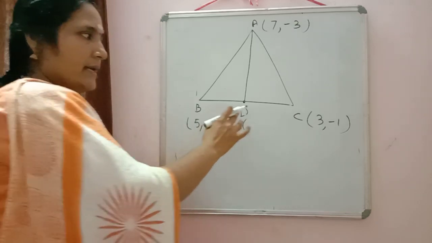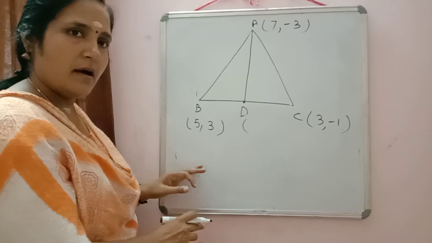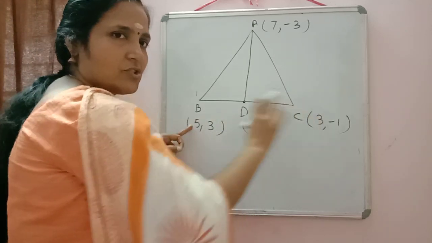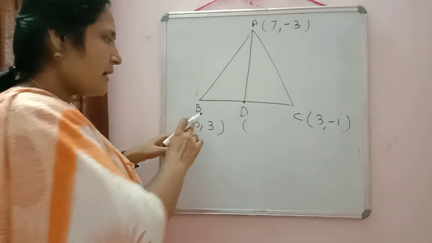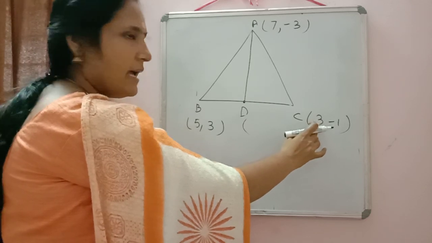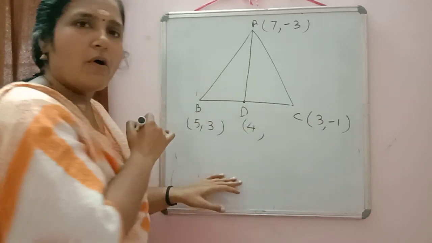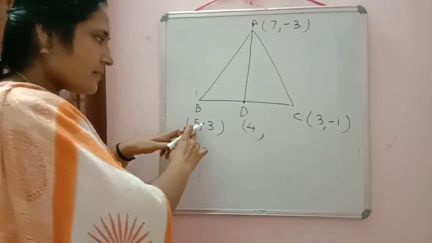So we know D is the midpoint of BC. So according to the formula of midpoint, what will come? (x1 + x2)/2. Shall I write it directly? Okay. 5 + 3, that will be equal to 8. And 8 by 2 is equal to? Yes, 4.